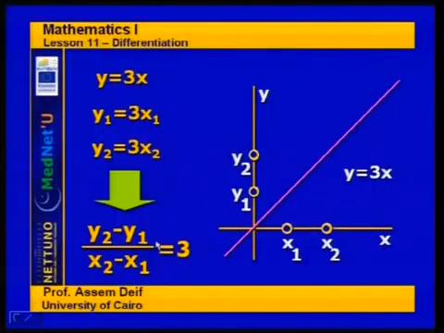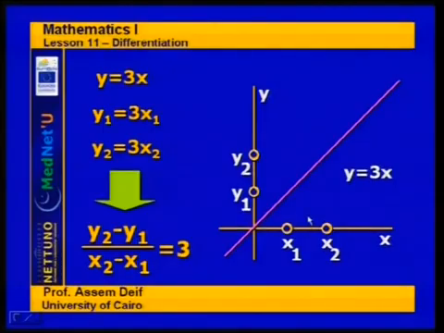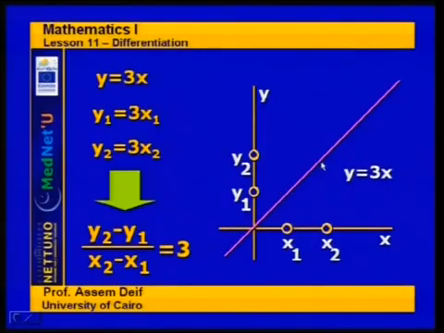If you wish to calculate the rate of change of this function, that is the rate at which it increases, all you have to do is divide the difference of two values of y by the difference of the two corresponding values of t, and then you get the rate. For example, here is 3 and here is 6, so 6 minus 3 divided by 1 gives 3.